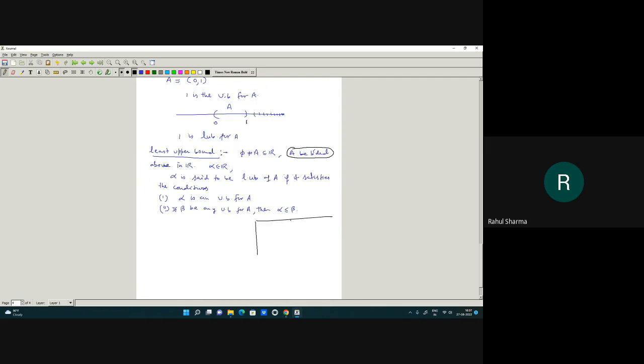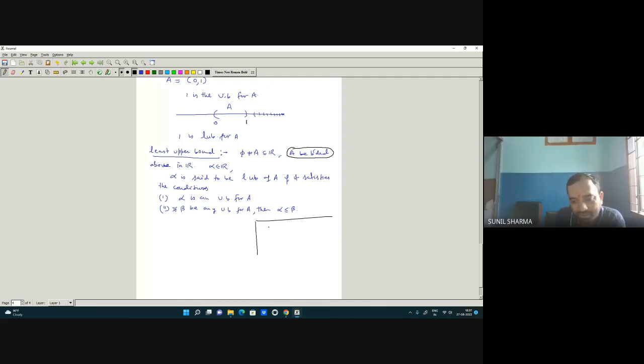So in foundation we have discussed implications. Maybe this part is not covered. If we have a statement, if P then Q, then the contrapositive of this statement is, if not Q, then not P. If my statement is true, then its contrapositive is also true.